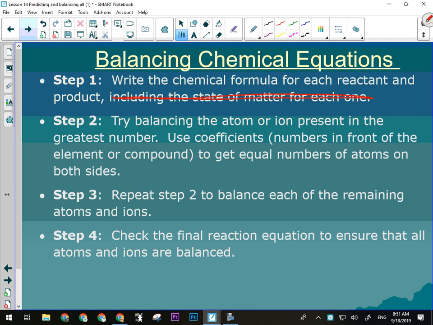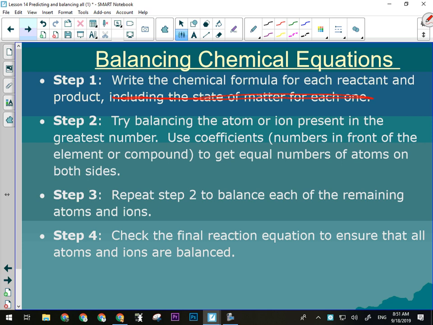All right, so just so you have those in your notes somewhere, they're in the notes package. You don't necessarily need to write them down because you already know how to do it. We just use the coefficients. We repeat step 2 to balance each of the remaining atoms, and then in the final step, always double check that the last thing you balanced still is balanced.